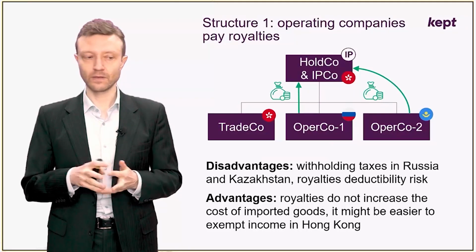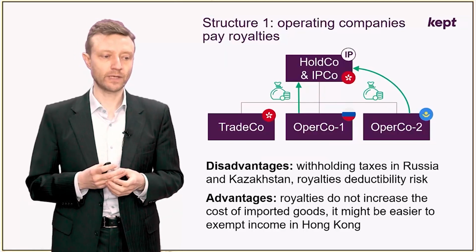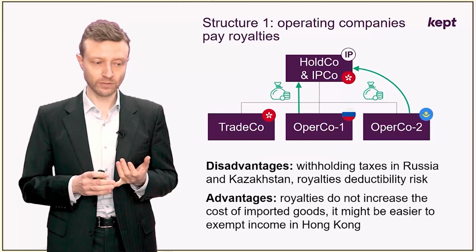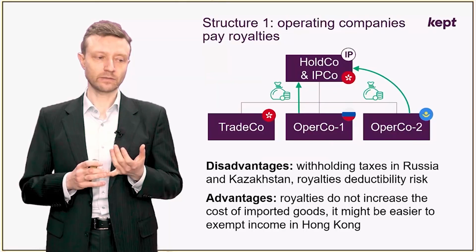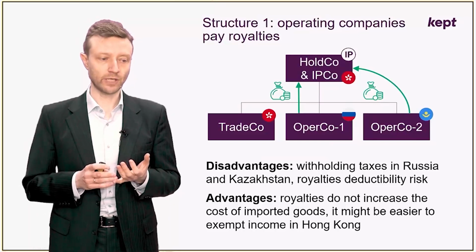So in the first scenario, where royalties are paid by the operating companies, there is going to be withholding tax in Russia and Kazakhstan, and also there is a risk that royalties deductibility will be challenged.